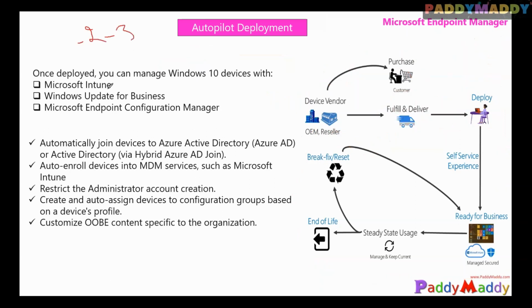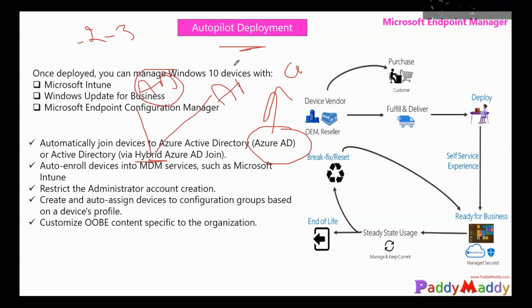Okay, I'll just try to explain from here the slide also. So basically, with Autopilot, you can also join the machines only to the Azure cloud, okay? Or you can join the machine to your on-premises Active Directory, as well as to your Azure AD also you can do it.